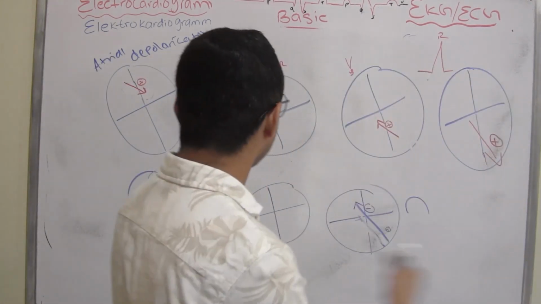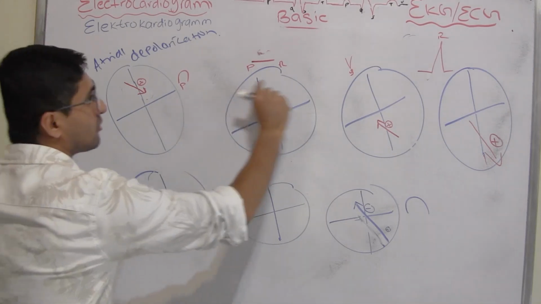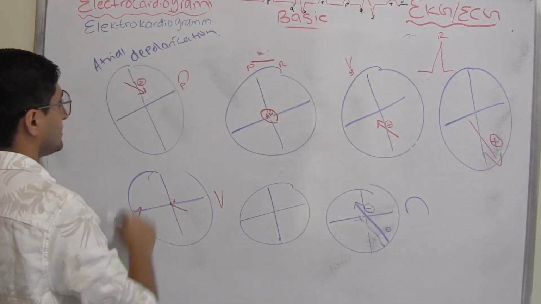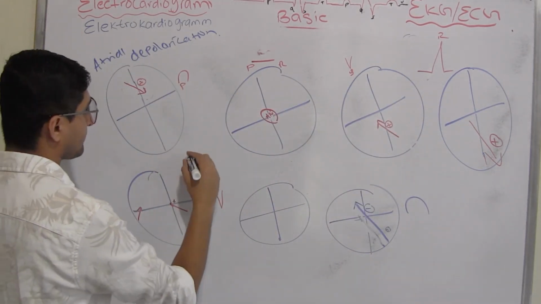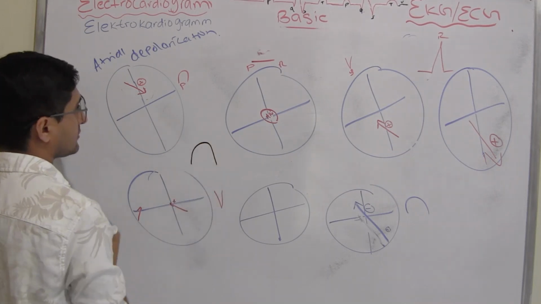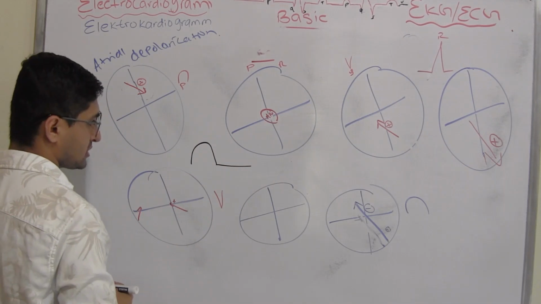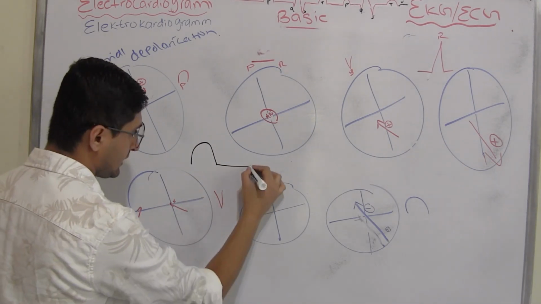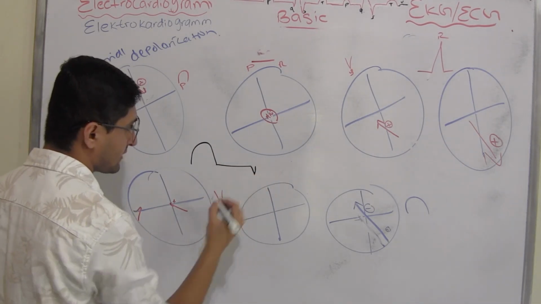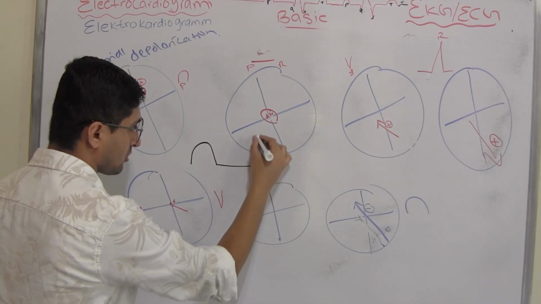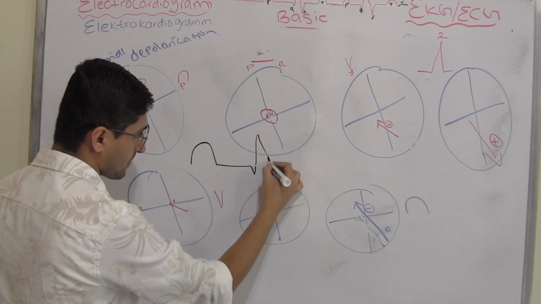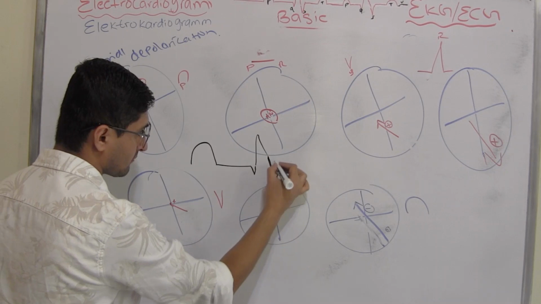Okay, so if we add all of them together, what is this? P wave, and then you have this line, which is my AV. Then you have a little bit of this one, and then you have a tall R, and then a little bit longer.